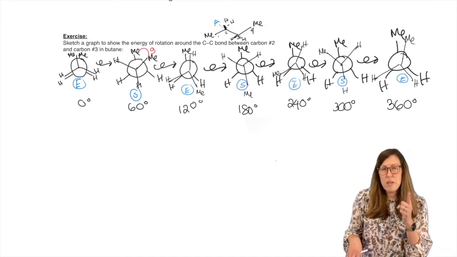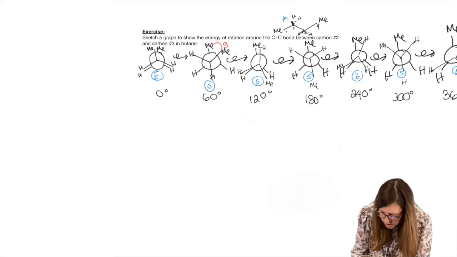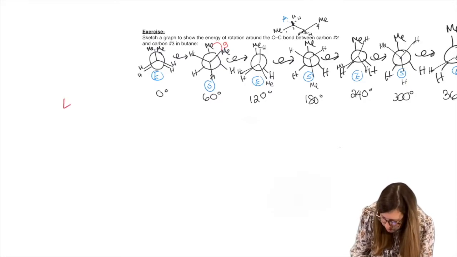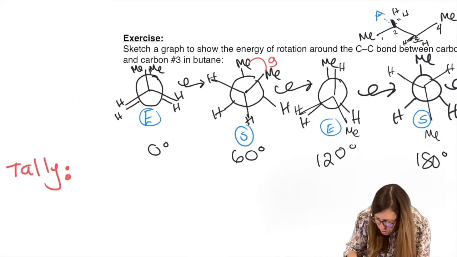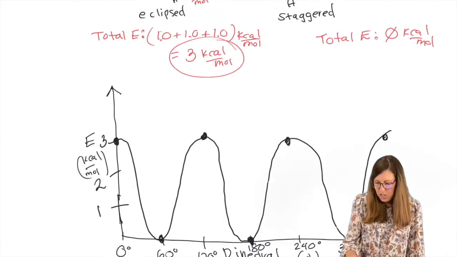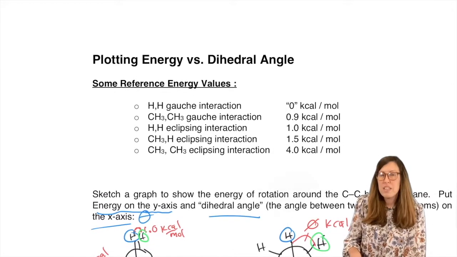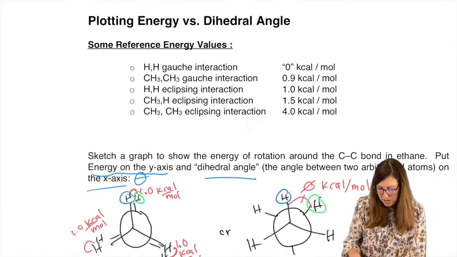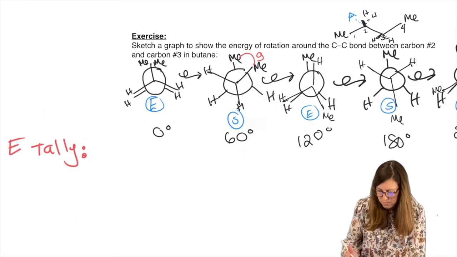Time to tally up the values. So let's do an energy tally. Going back to those values that were in that chart here, we're looking at eclipsing CH3s to start, because we started at 0 degrees. Eclipsed coplanar.